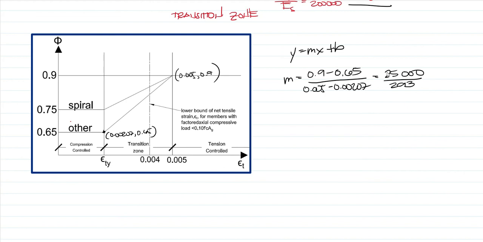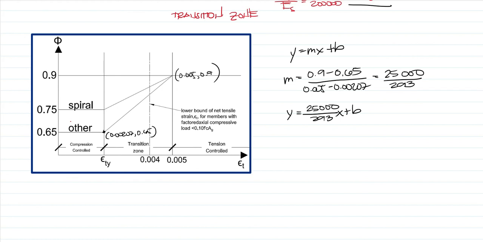Then, yung y-intercept natin is makukuha lang natin through the equation y is equal to 25,000 over 293 x plus b. So, syempre, kumuha lang tayo ng isang ordered pair dito sa line natin kahit alin dun sa dalawa. So, kunin natin yung 0.005 and 0.9.